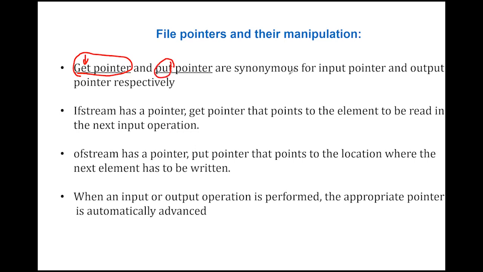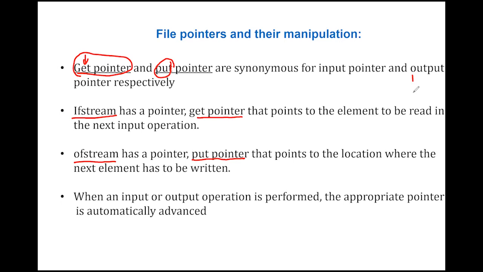These are the names which we use when we are inputting and outputting, or reading from a file. So ifstream has a pointer, the get pointer. As we all know already, ifstream is used for inputting, and the get pointer is a pointer which is associated with that. Similarly, ofstream has a pointer which is nothing but a put pointer. It points to the location where the next element has to be written.